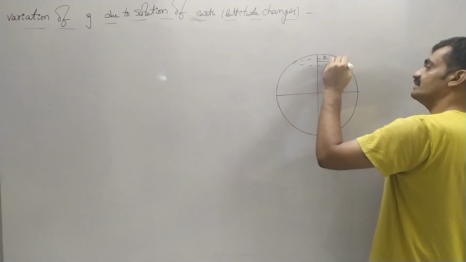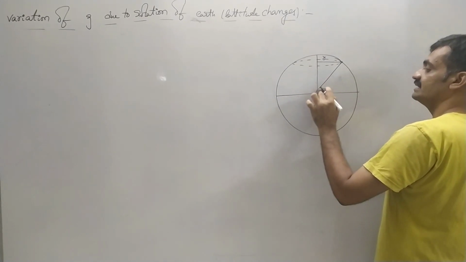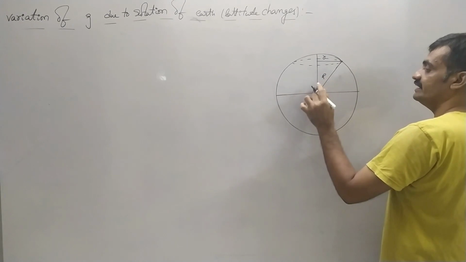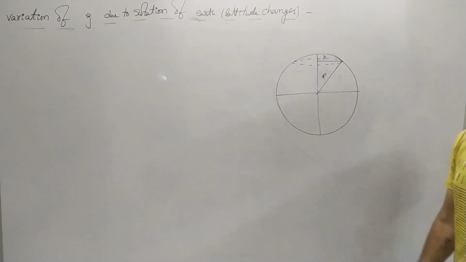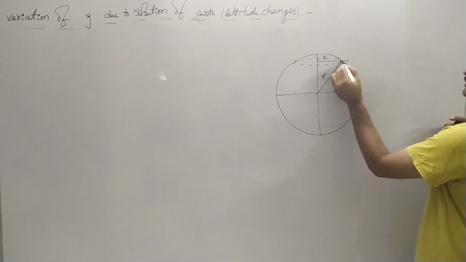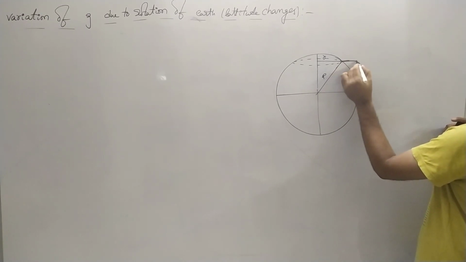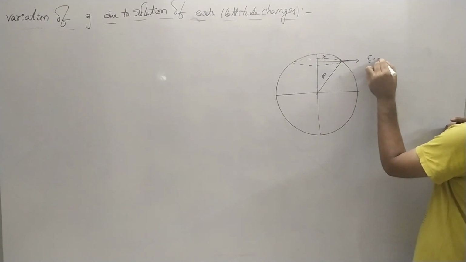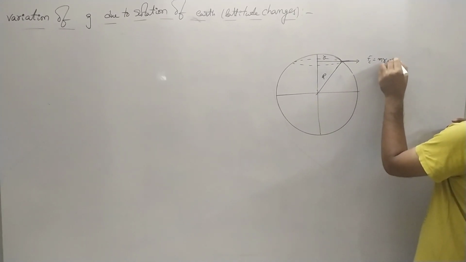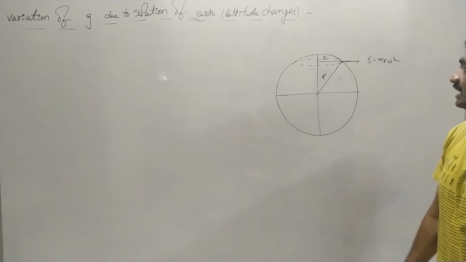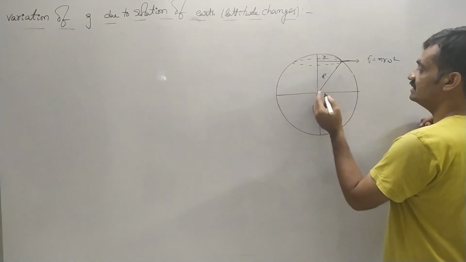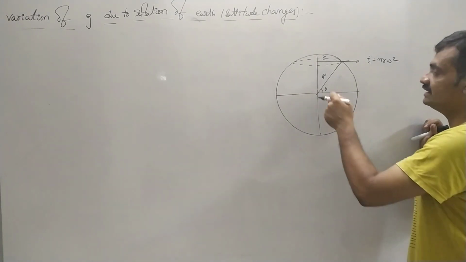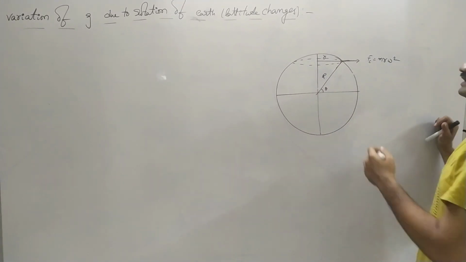From the center of the earth, the body is at a radius of capital R. The body experiences a force in the outward direction, represented as F suffix c equal to m r omega square. Observe that with respect to horizontal, the radius of the earth makes an angle of theta.